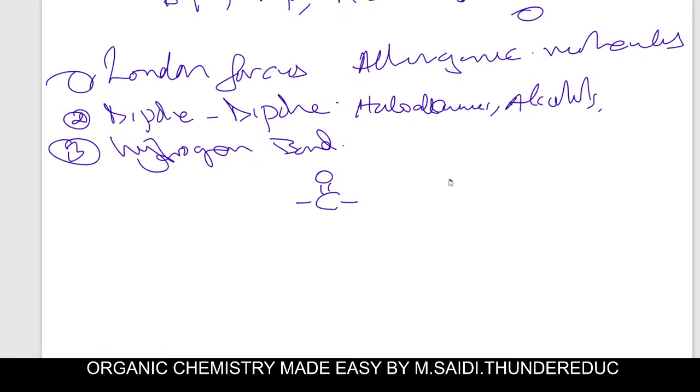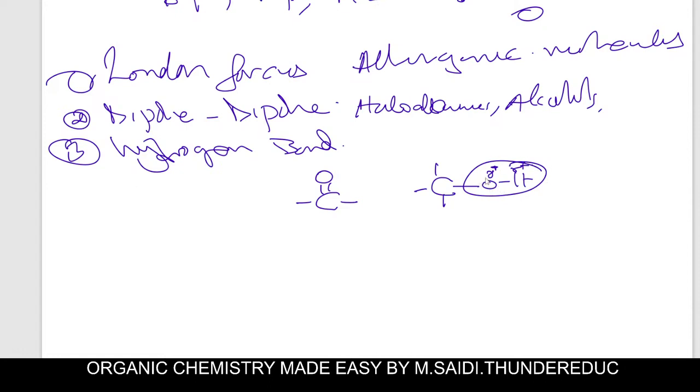But if you look at water, let me leave the water. Let me talk about alcohol. It has this, so this versus that. This pulls towards itself, so you see that here it is partially negative, and this is partially positive.